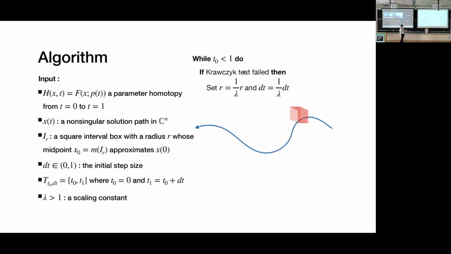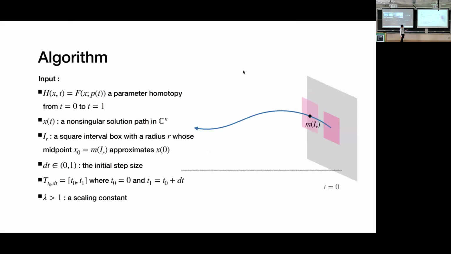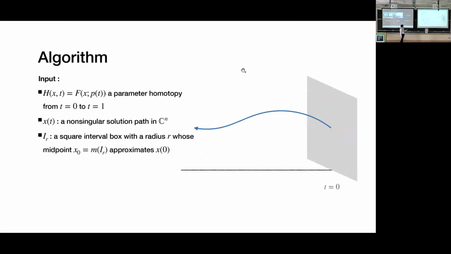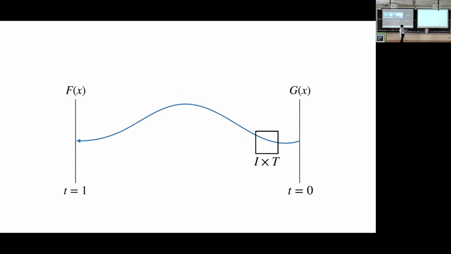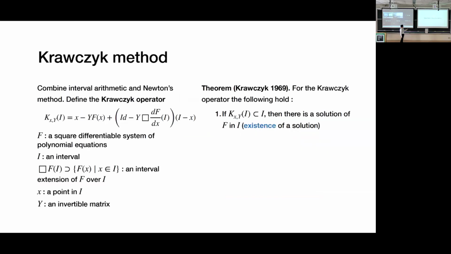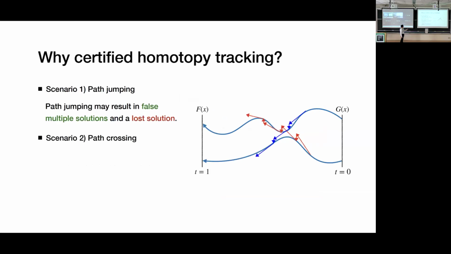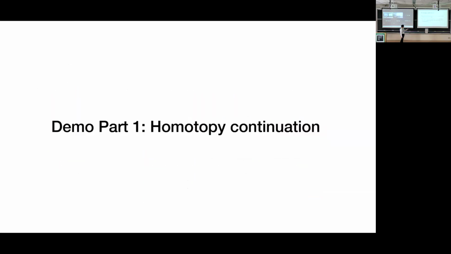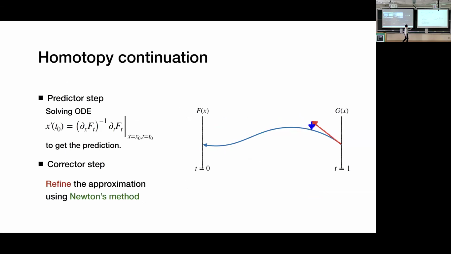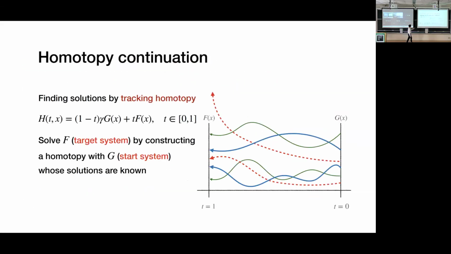Yeah, the first formula you wrote. In our homotopy definition, the first formula, yes, we multiply by gamma there.